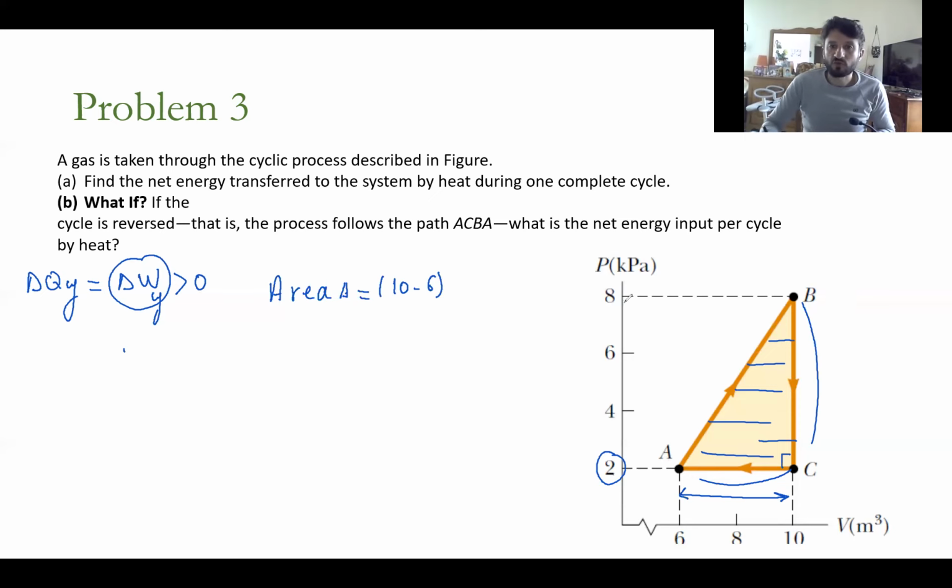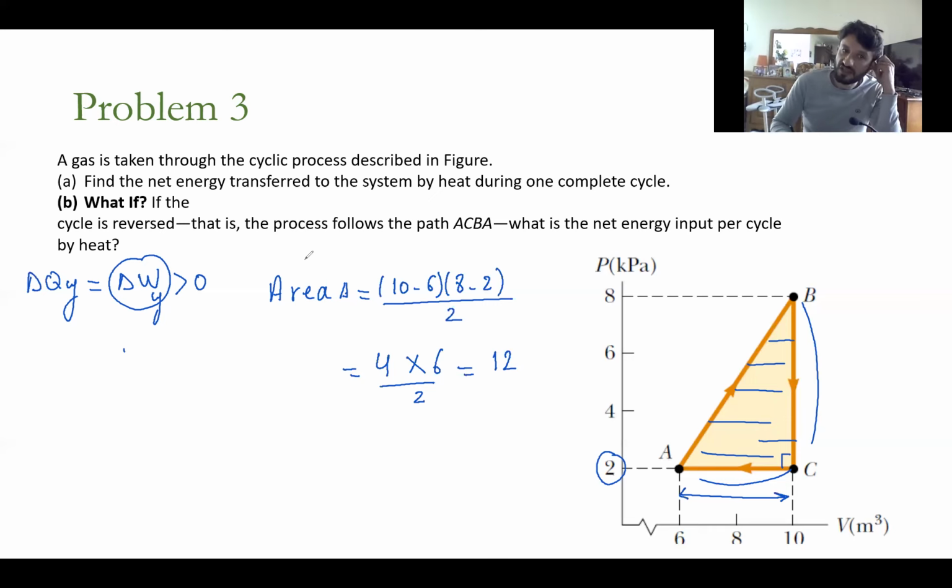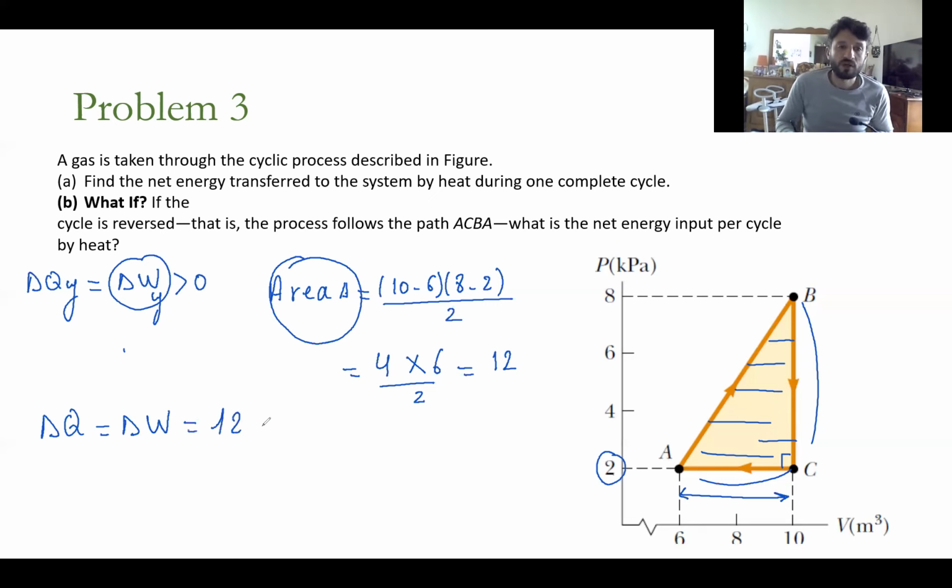This side equals 8 minus 2. We get 4 times 6 divided by 2 equals 12. This is the area. Here we have a clockwise cycle, so omega must be positive. So dQ equals d omega equals 12 joule, positive.